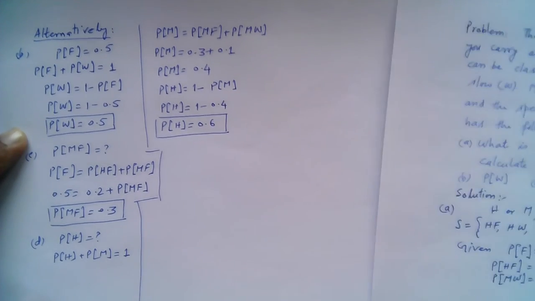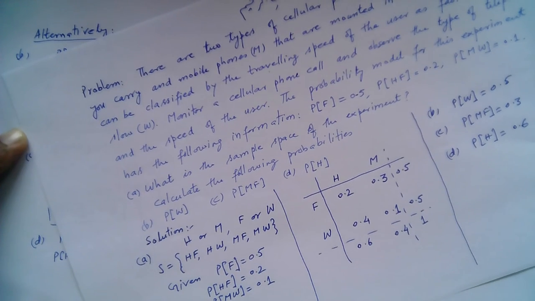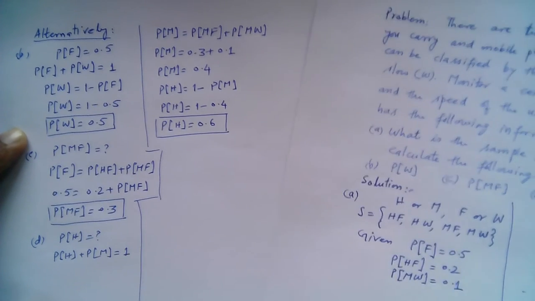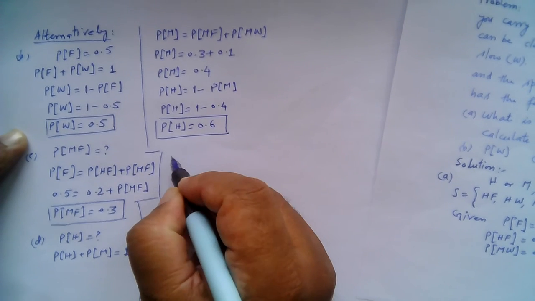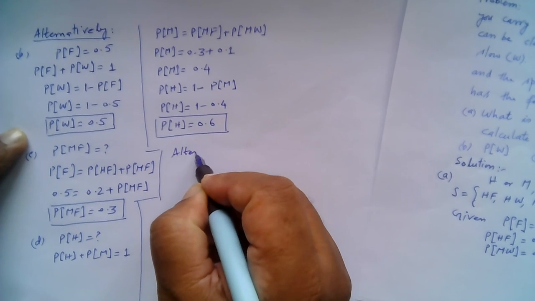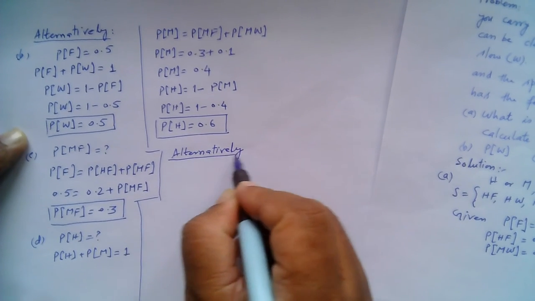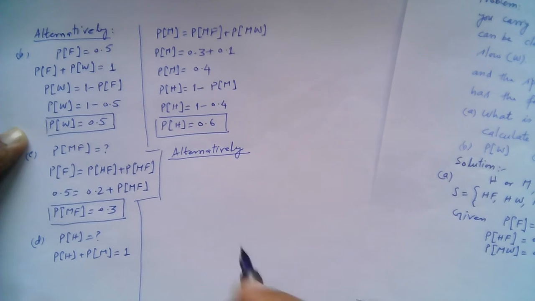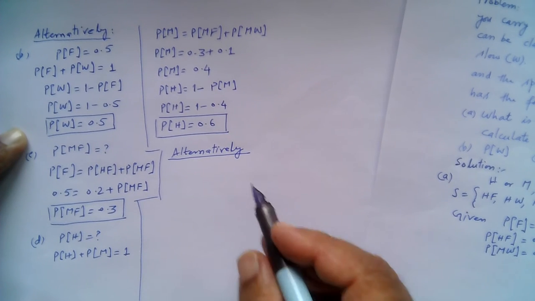So yet another, alternate way to solve this problem will be to actually build a tree for the problem, right? So yet another alternate method. So we are given that a phone can be either fast or slow, right? So that probability is given.